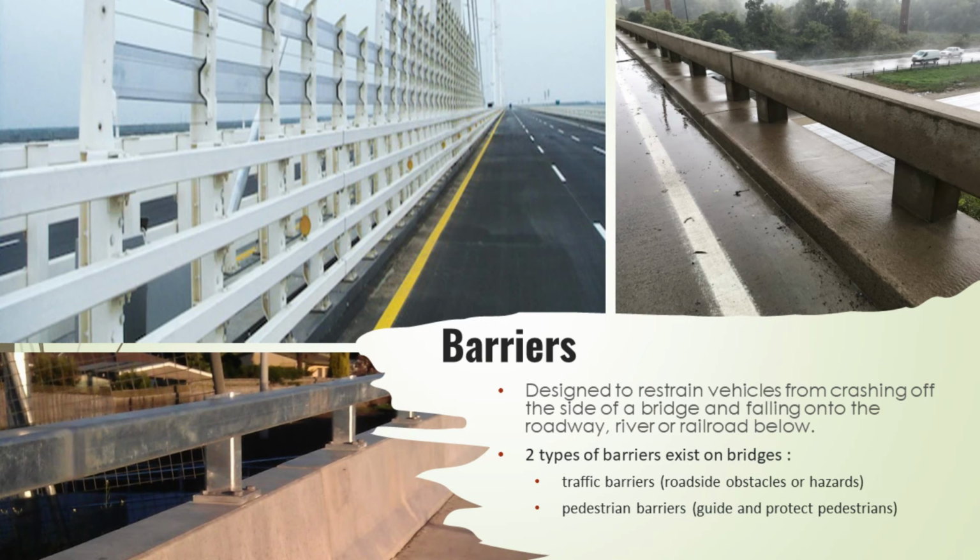They can be made from several materials, some of which include rope, concrete, rail, and fences. Two types of barrier exist on the bridge: traffic barrier, for roadside obstacle or hazard, and pedestrian barrier, to guard and protect pedestrians.